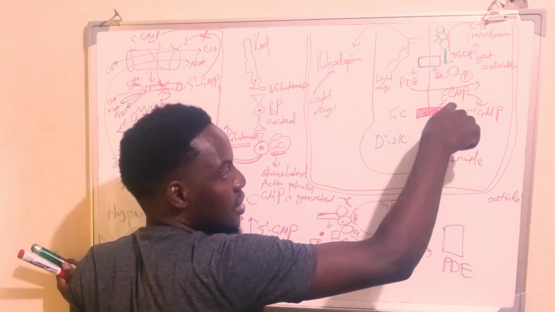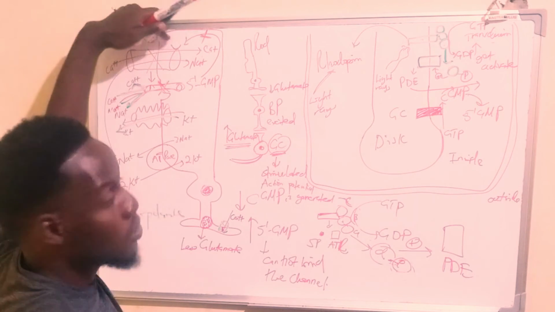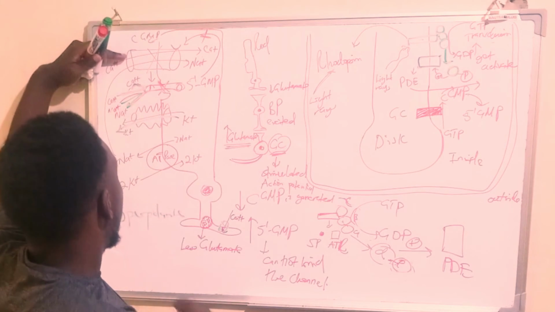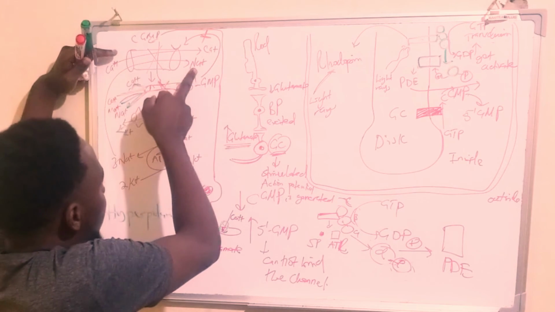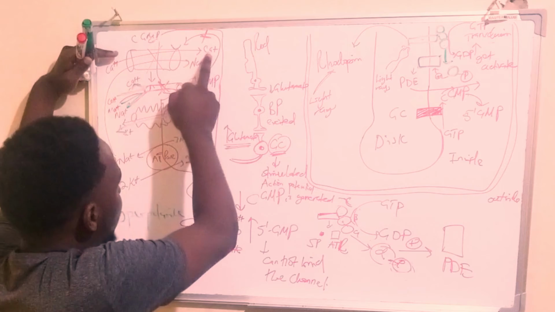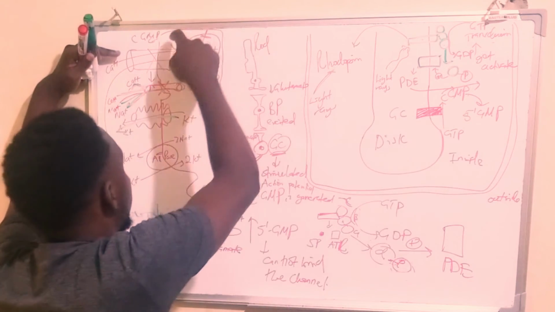Unlike cGMP, which can bind onto these channels and allow sodium that was leaking out to move back into the outer segment and again allow calcium to move in, this 5' guanosine monophosphate cannot bind here.